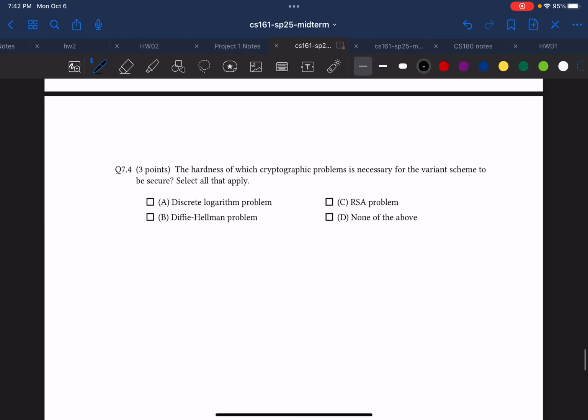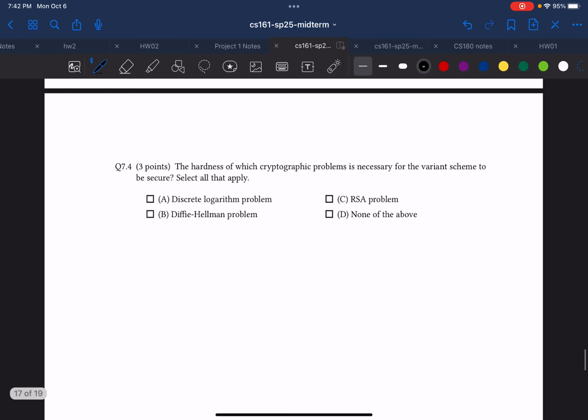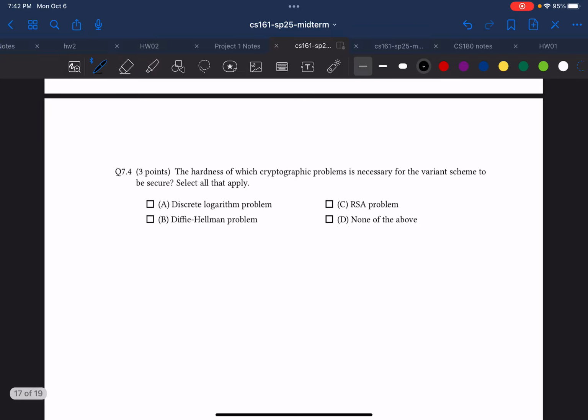Okay, 7.4. The hardness of which cryptographic problems is necessary for the variant scheme to be secure, select all that apply. We know that this scheme basically makes use of the Diffie-Hellman problem.